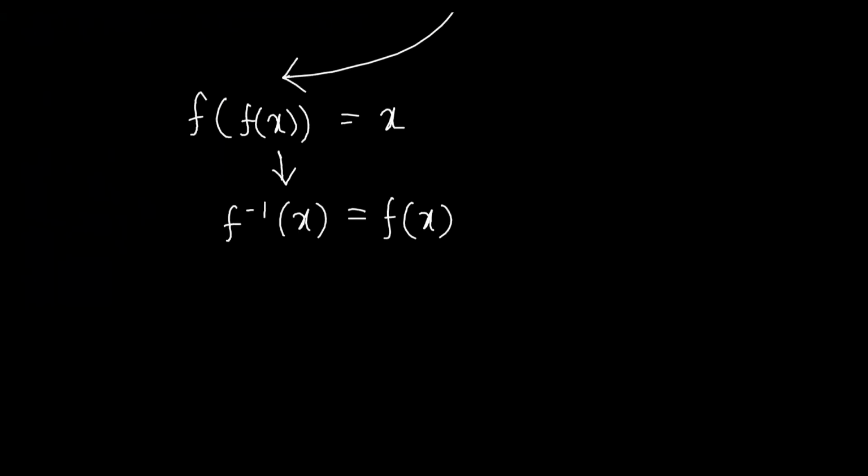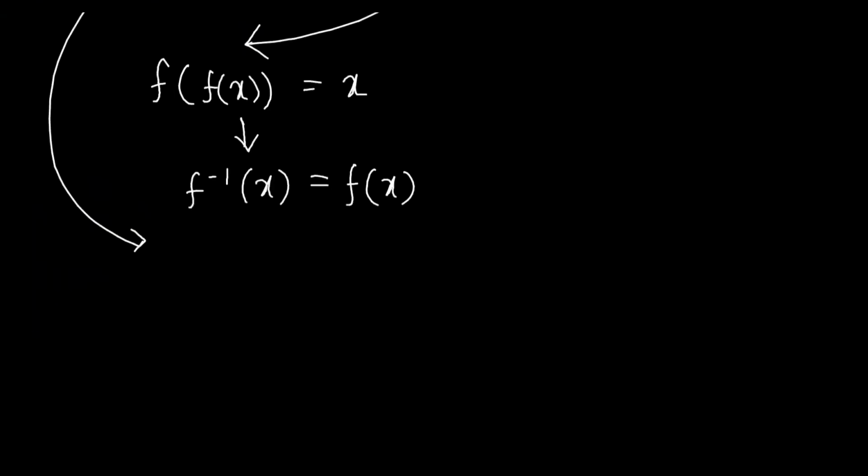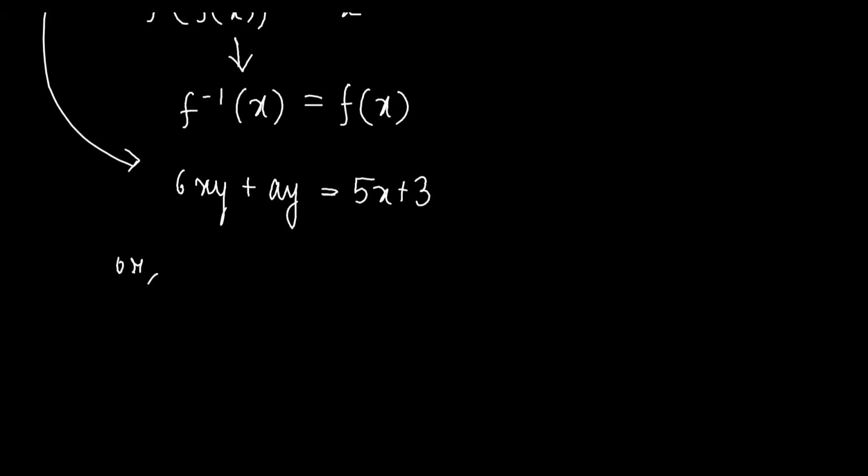So from this we can write 6xy plus ay is equal to 5x plus 3. Or we can write 6xy minus 5x is equal to 3 minus ay.